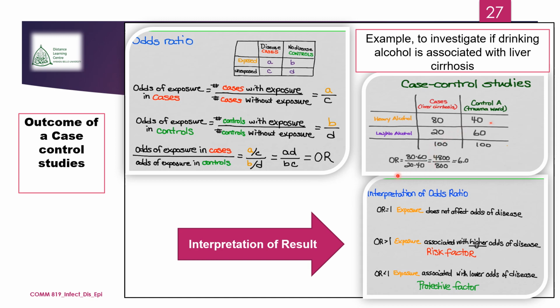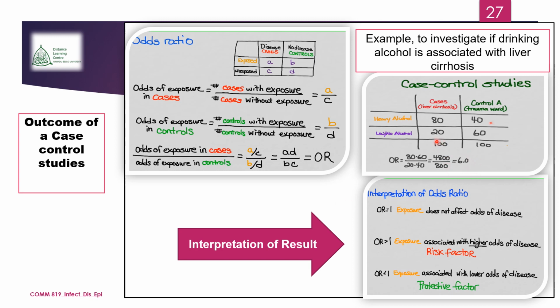Then you calculate the odds ratio: 80 times 60 divided by 20 times 40, which gives you an odds ratio of 6.0.